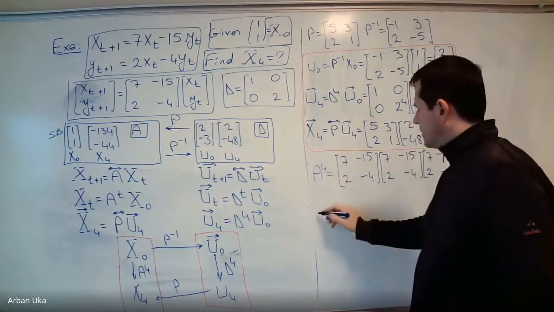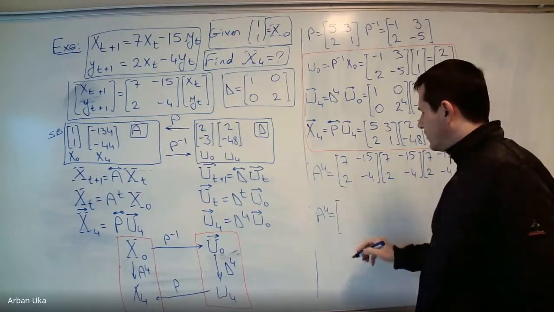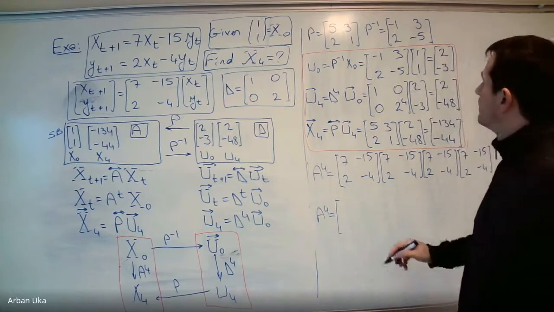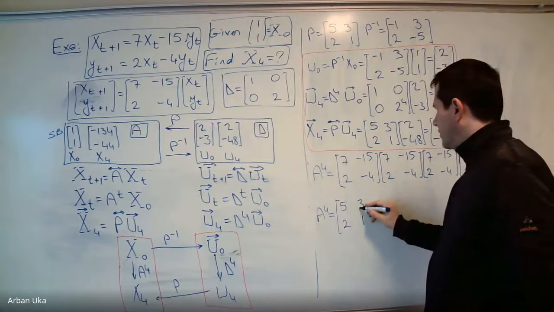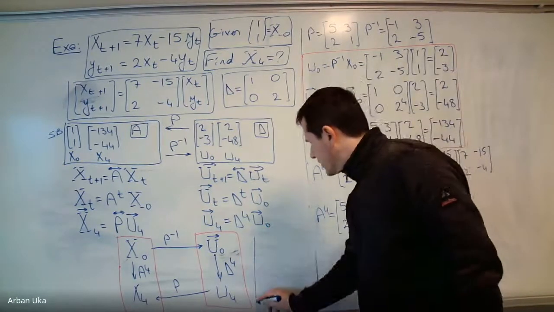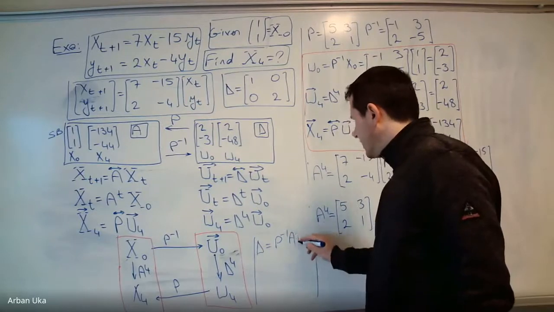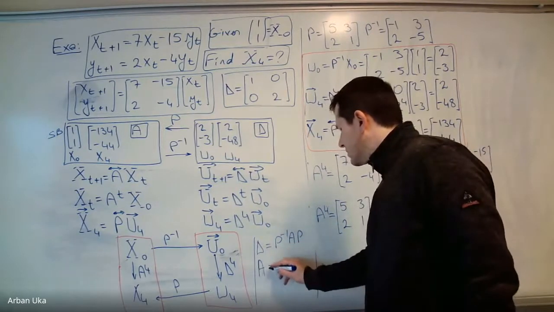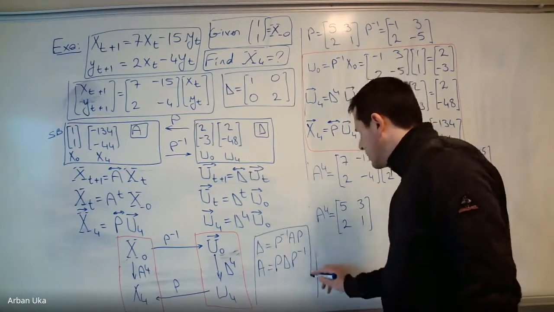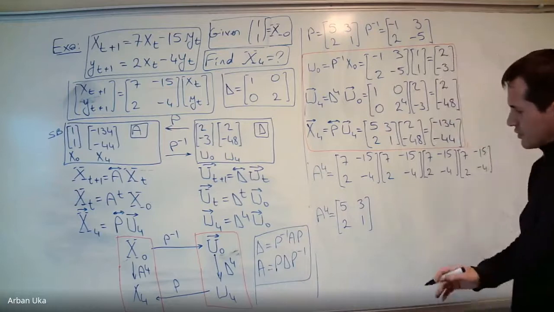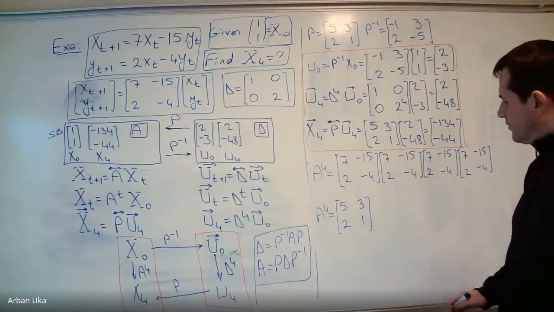This is 1, 2. The other technique, which we claim to be a little shorter, is the following. We multiply P, and P is 5, 1, 2, 3. Why is this? Because we can use this part of the board to write down that D is equal to P inverse A P, and A is equal to P D P inverse. When I was a student, I always confused these, so it was good for me to write them down in a corner, and I can refer to those.